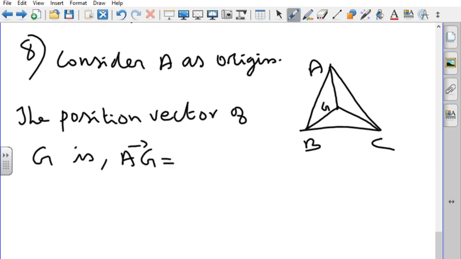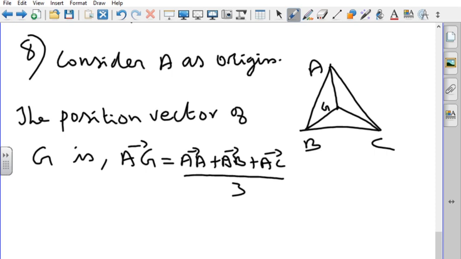In plus 1 you have studied O is the origin of vectors, so we have taken OG. Here A is the origin of vectors, so we have taken AG vector. AG vector is equal to AA vector plus AB vector plus AC vector by 3. Now here AA vector is 0, therefore this is nothing but AB vector plus AC vector by 3.